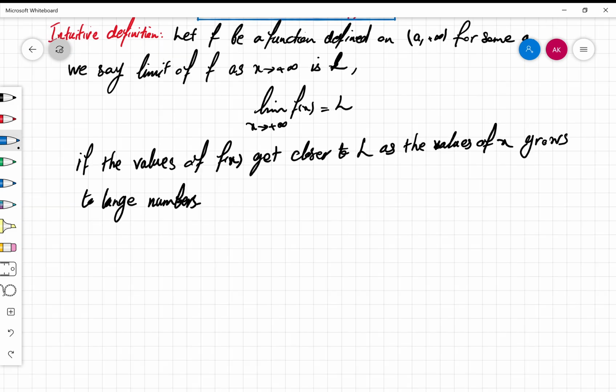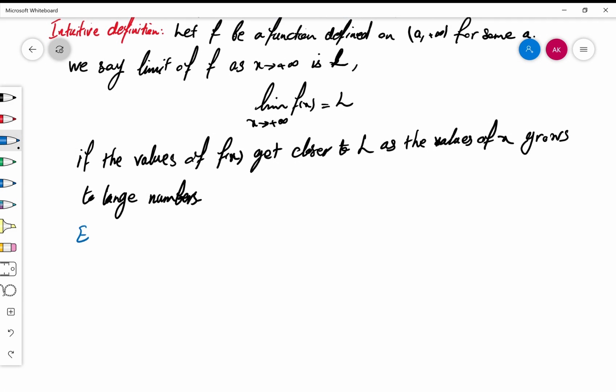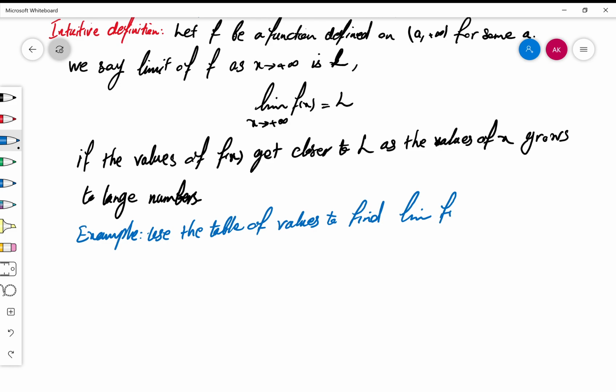Let me do one example. Use the table of values to find the limit of f of x, I have a function for you, 1 over x, as x goes to plus infinity.